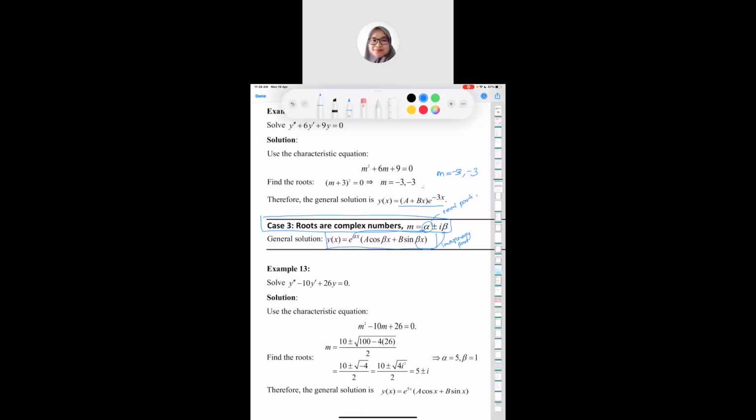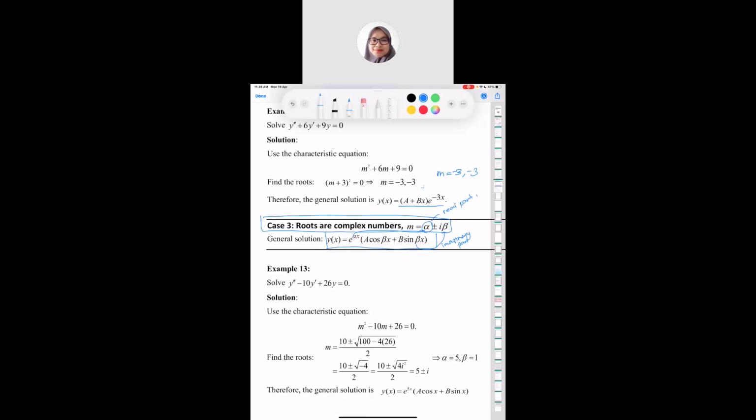Ada setengah calculator, you dah terus keluar imaginary number. That selamatlah, you akan nampak terus complex number. Tapi ada setengah calculator, macam calculator saya ni, saya hanya dapat nombor 5 sahaja.